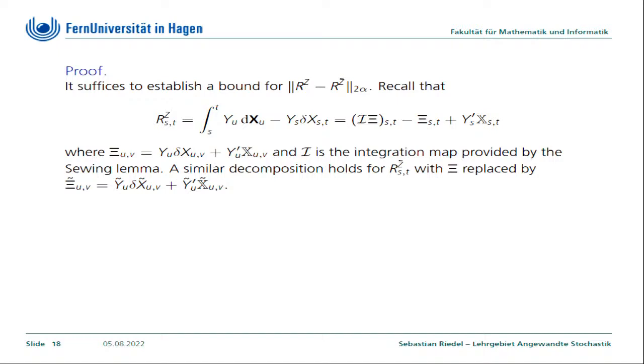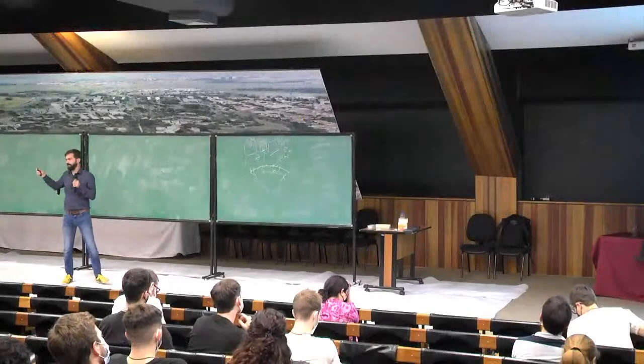And I was the integration map. Okay, I already told you that. And there's a similar decomposition for the remainder of that tilde, of course, where you replace everything. So you put tildes there everywhere.